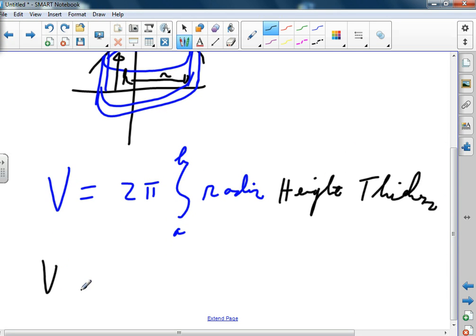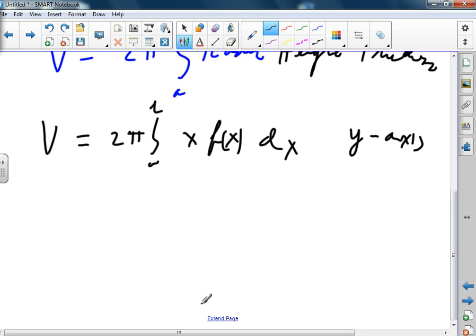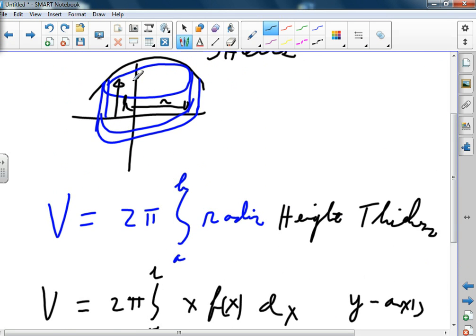And so volume is going to be 2 pi integral a to b x f of x dx if we're going around the y-axis. And the volume is going to be 2 pi integral whatever the limits are y f of y dy if I'm around the x-axis, depending on how I'm rotating. Okay, so here I'm rotating around the y-axis, so I would do it dx.